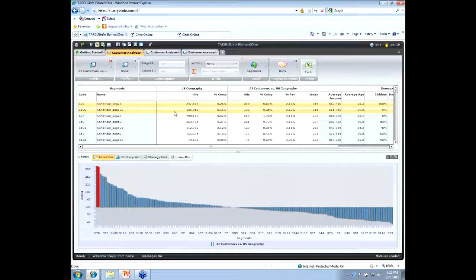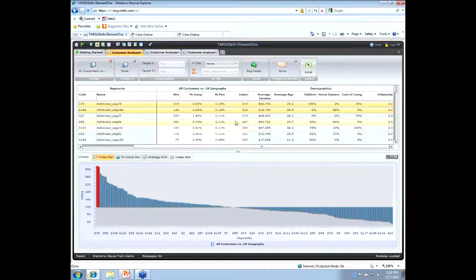What's interesting is when we look at the demographics of these particular segments, segment 78 is approximately 60,000 average income, where segment 166 is 15,000 average income. Average age of segment 78 is 28, while segment 166 is close to 40.